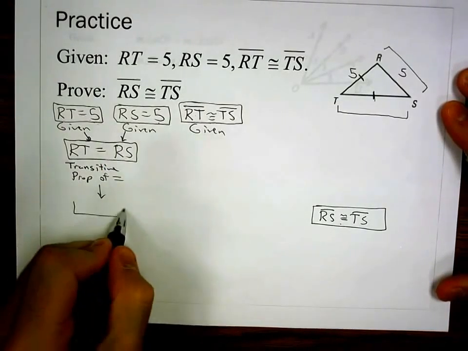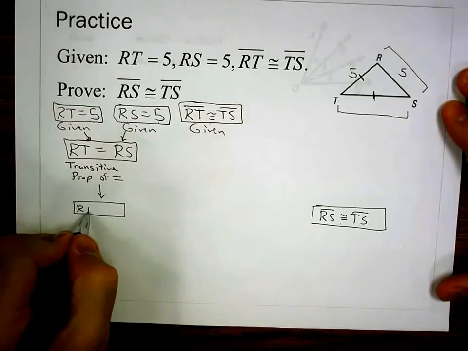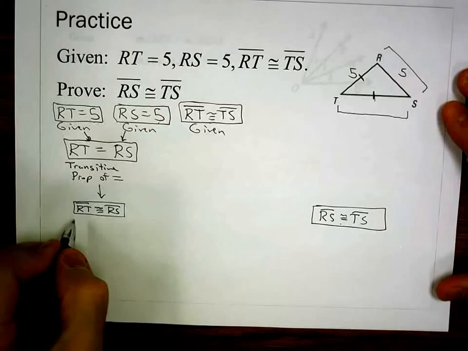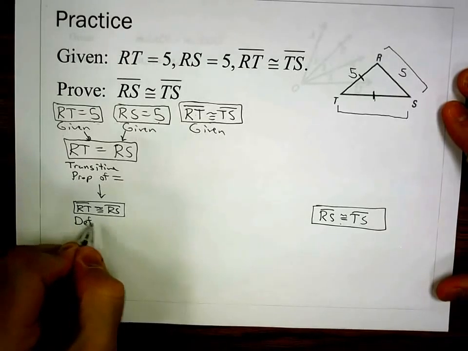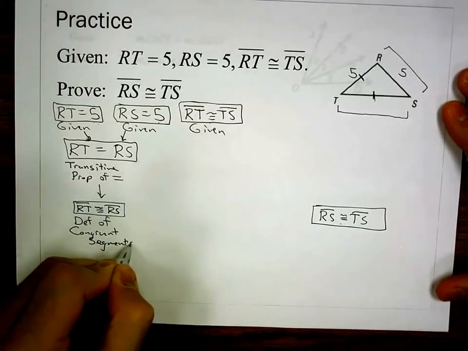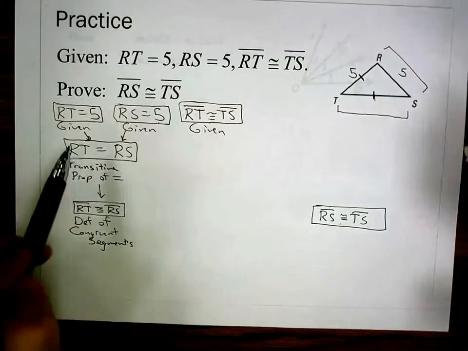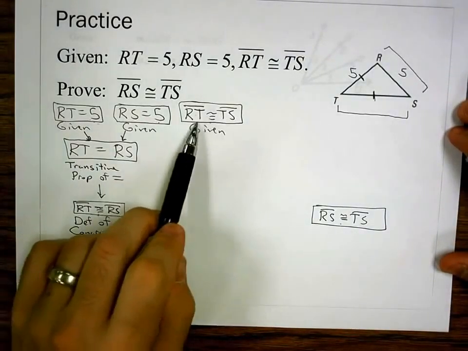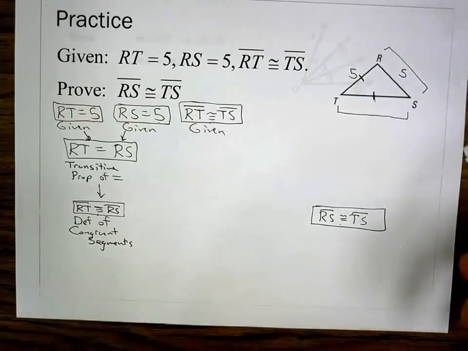This new step is going to be RT is congruent to RS by the definition of congruent segments. So I've taken equal, done some work with it, and got it now to congruence. So congruence, congruence, congruence.